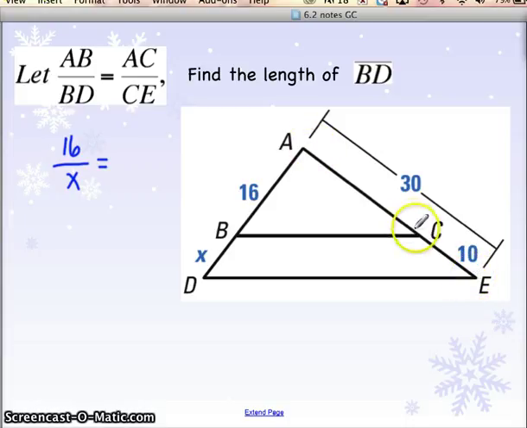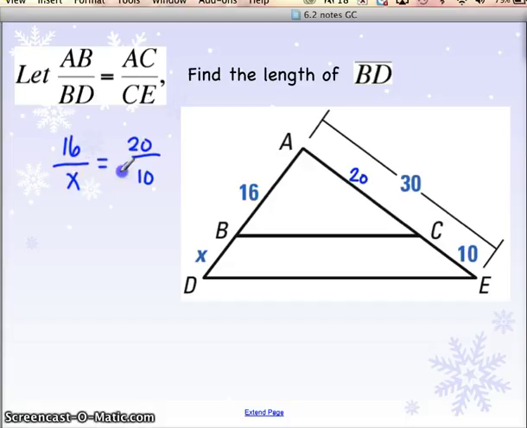So if AC plus 10 equals 30, if the whole thing is 30, then that means that AC would have to be 20, because 30 minus 10 is 20, and those add up. 20 plus 10 adds up to 30. So AC is 20, and then CE is 10.